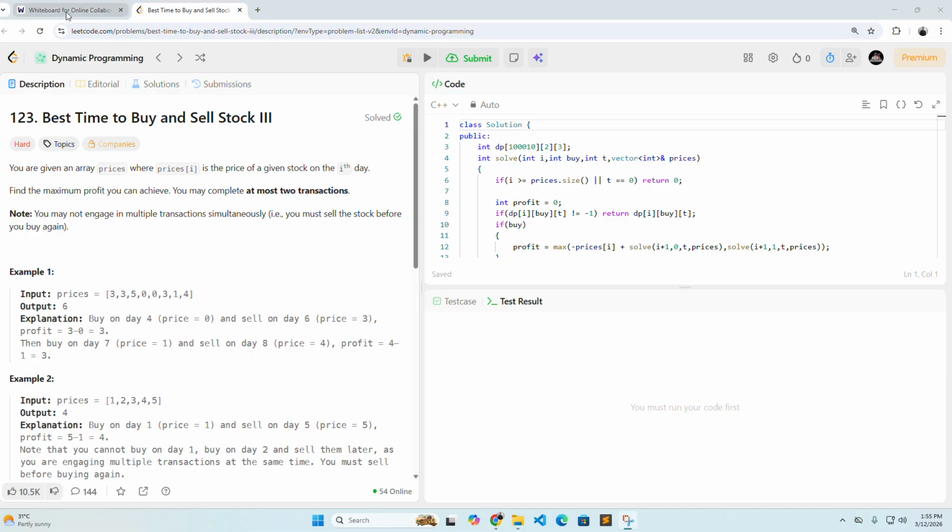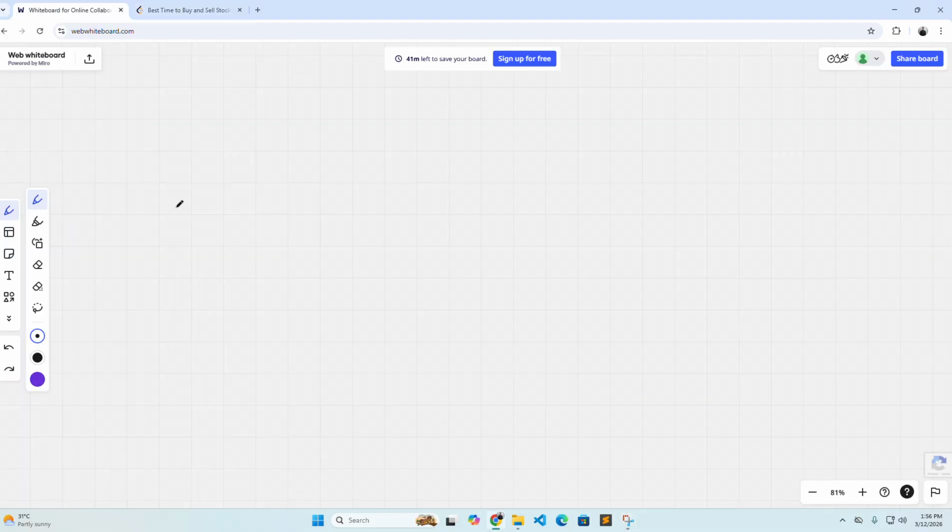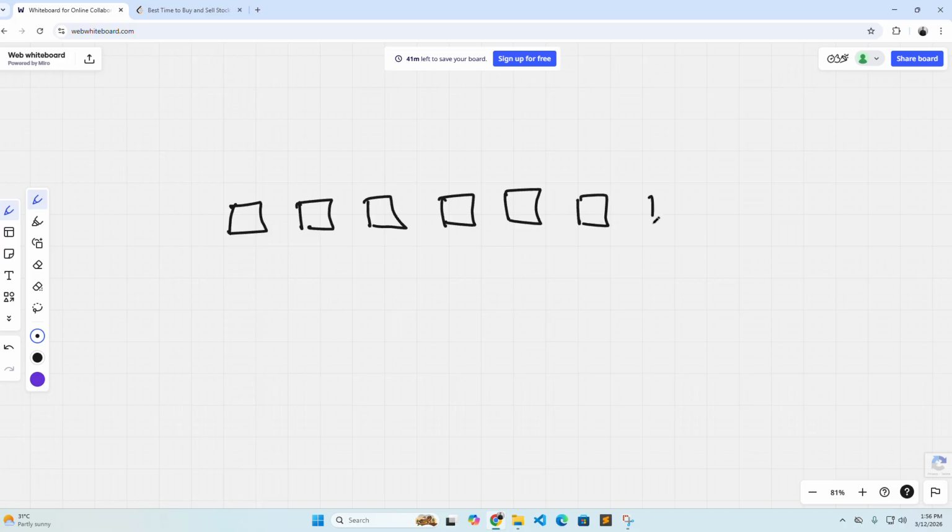So let's discuss the problem. You are given the prices of the stocks on the ith day. Suppose you are on this ith day. On the ith day you have two cases.